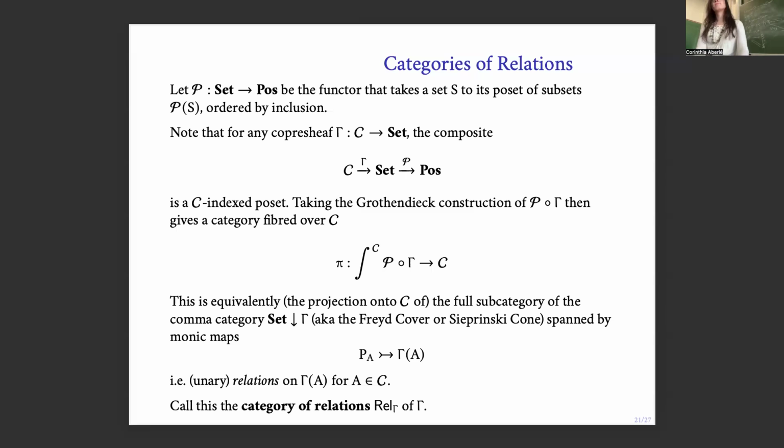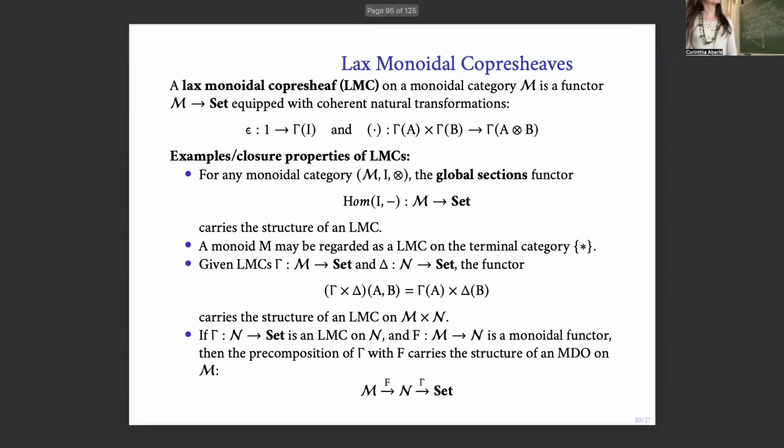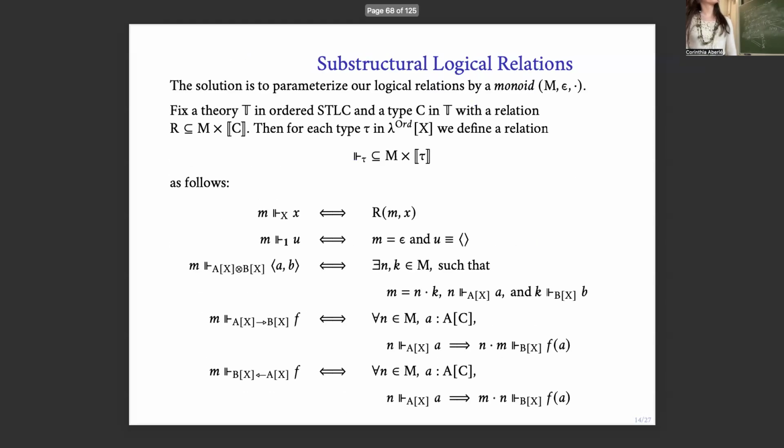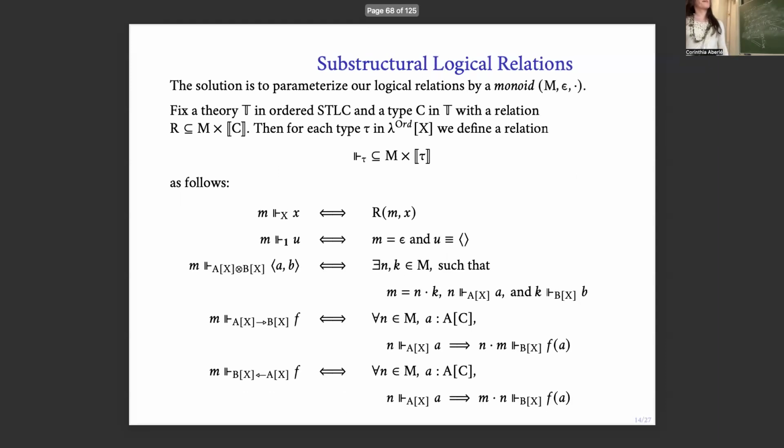That was the thing that struck me as most mysterious. I remember you had a couple slides ago a bold idea: suppose you have a monoid M. I think it's all the way back here. The solution is to parameterize the logical relations by a monoid M. So why a monoid?